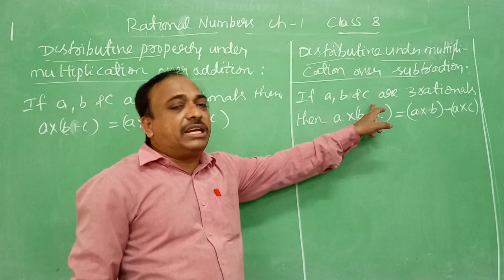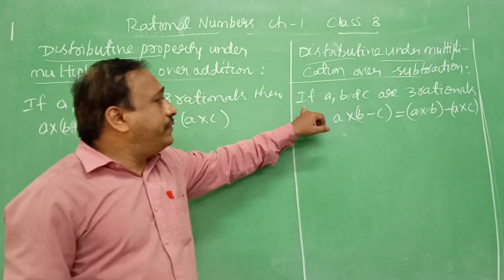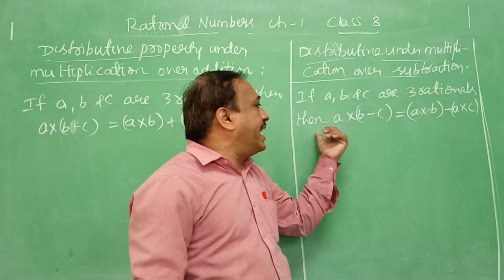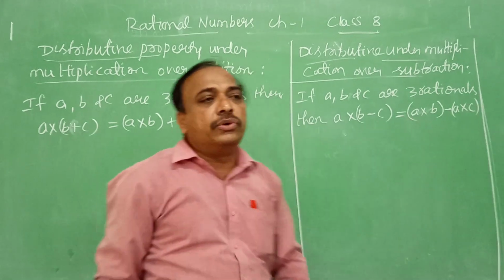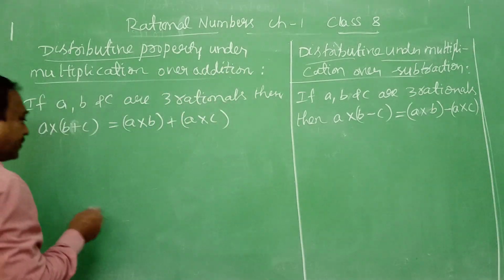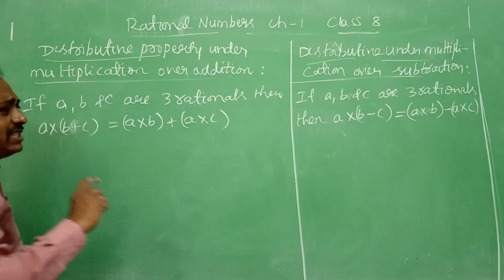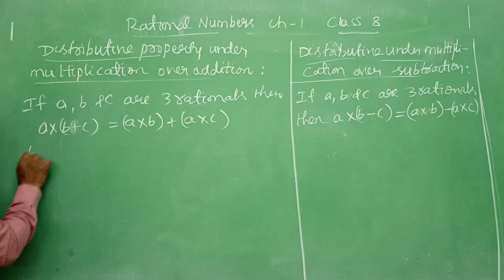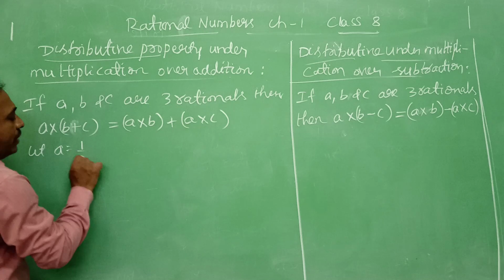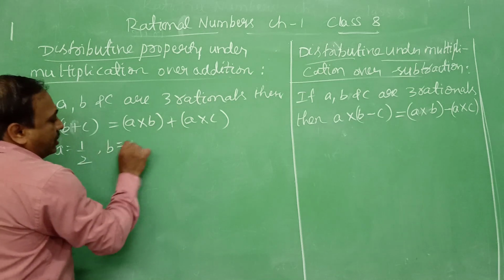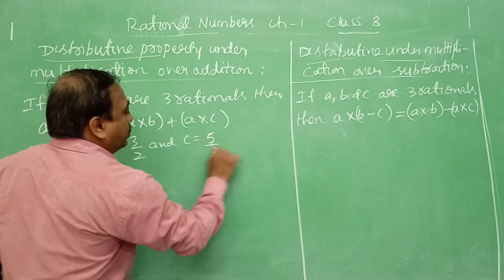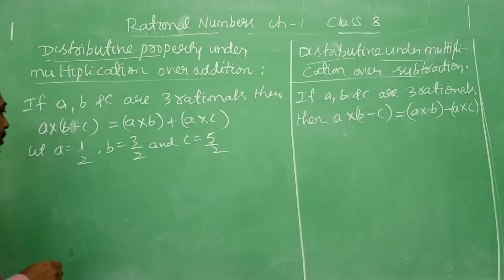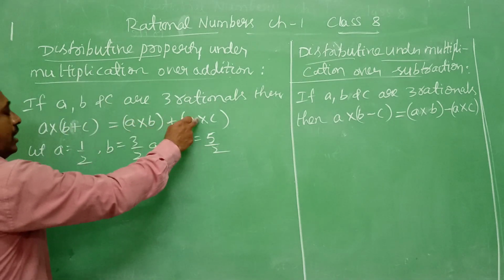And this is under multiplication over subtraction: if A, B and C are three rationals, then A into B minus C is equal to A into B minus A into C. So here, if we take some examples, let A is equal to 1 by 2, B is equal to 3 by 2, and C is equal to 5 by 2. This is LHS and RHS.